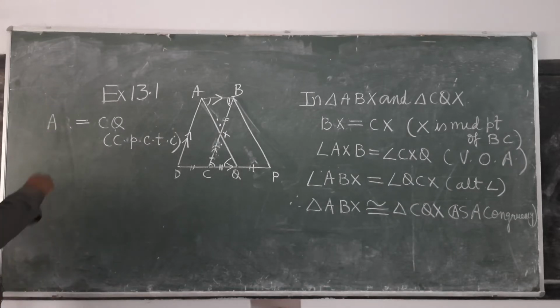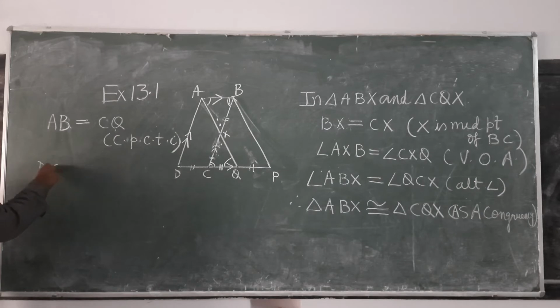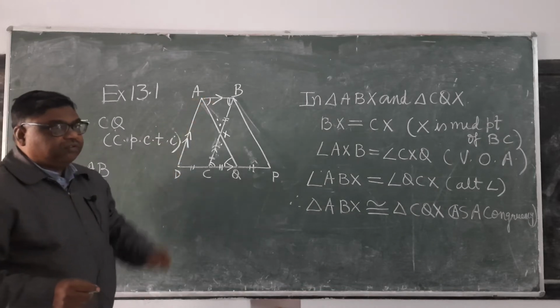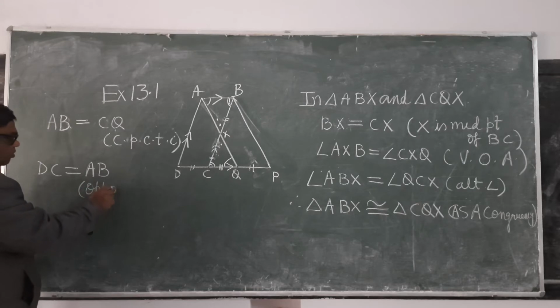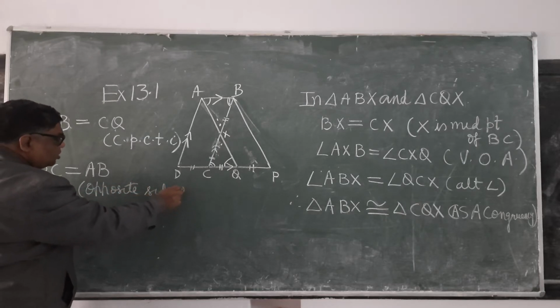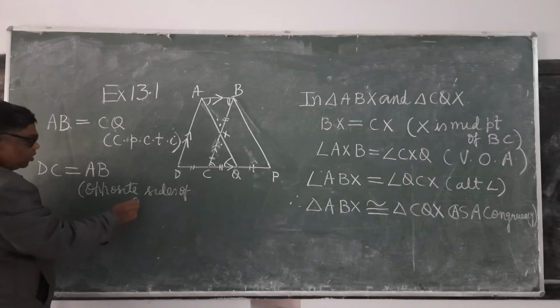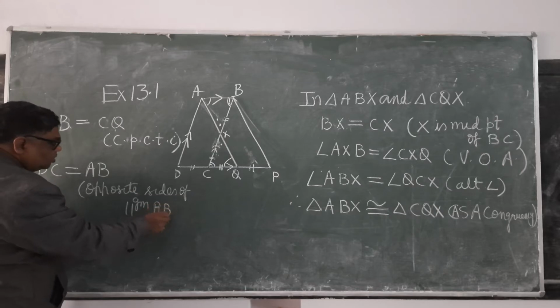हमने बोला तो AB था. AB equals CQ. Now all of you see, DC will be equal to AB. Why? Opposite sides of parallelogram ABCD.